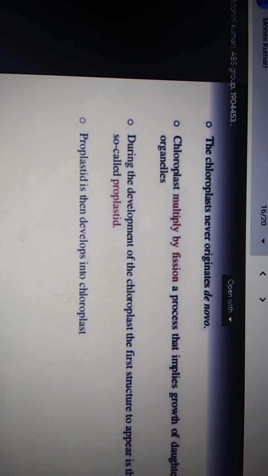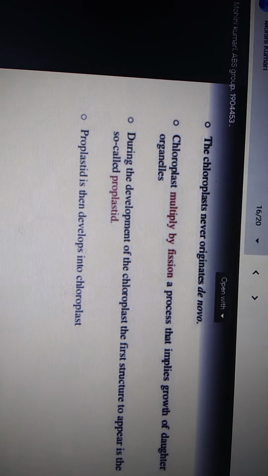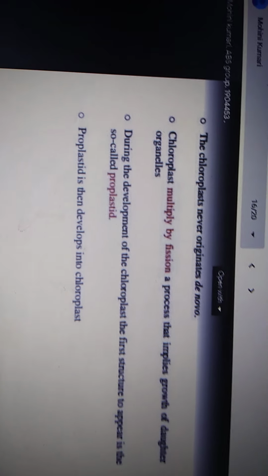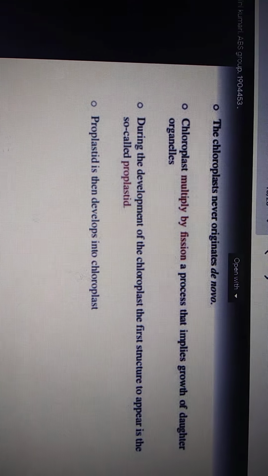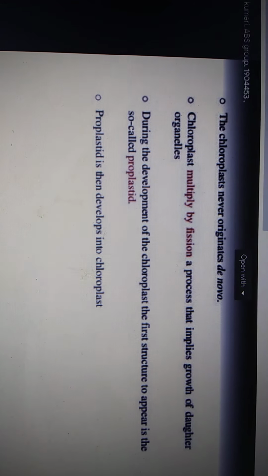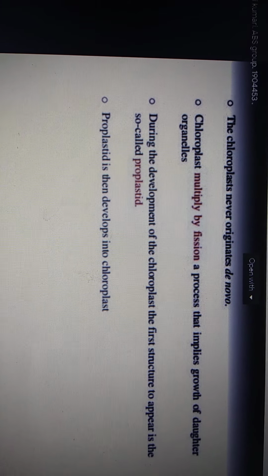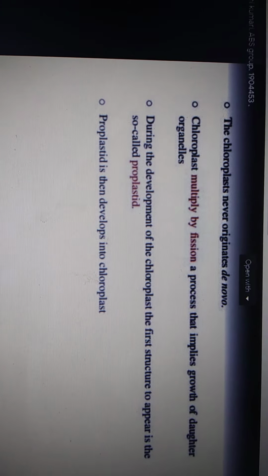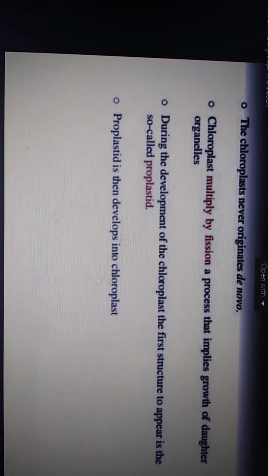Now, biogenesis of chloroplast. The chloroplast never originates de novo. The new chloroplast is formed by fission or division of the previous chloroplast, like bacterial fission. But the initial chloroplasts are present in the meristematic cells of dividing tissue, which are the apical meristem and axillary meristem.